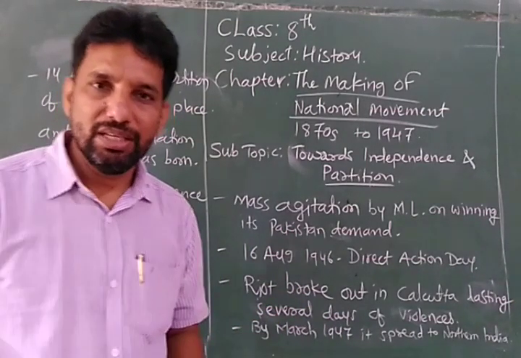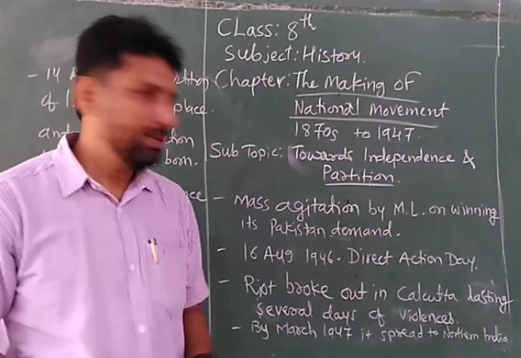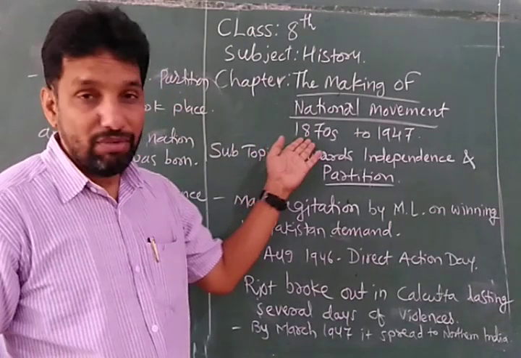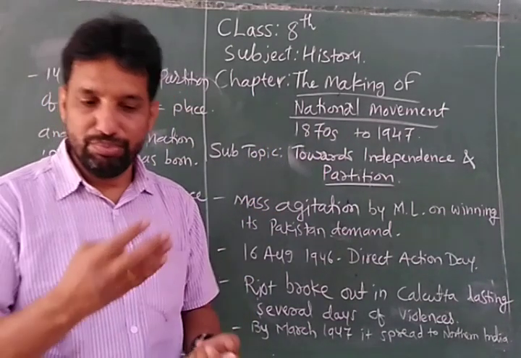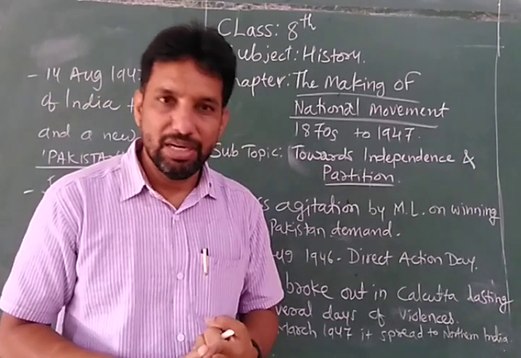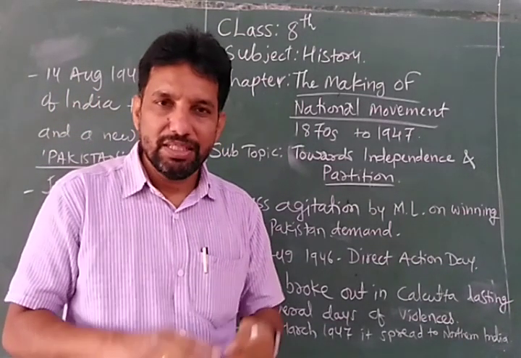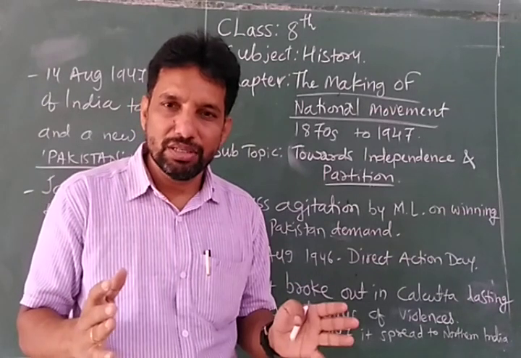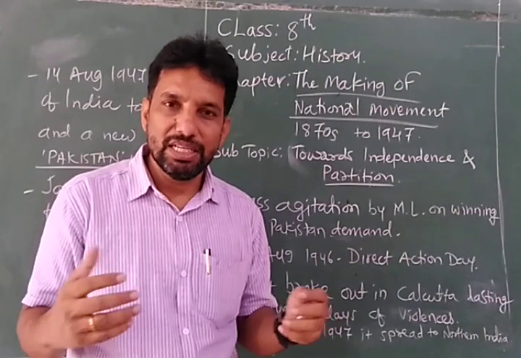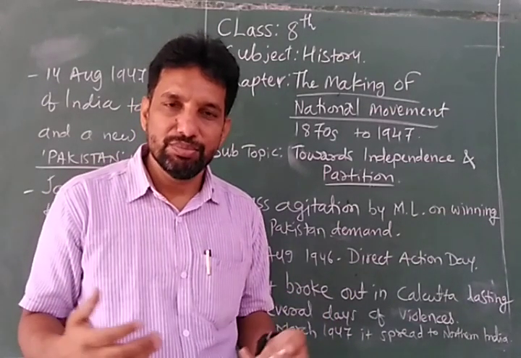Dear children, we conclude here the chapter. Since we saw from the 1870s how the Poona Sarvajanik Sabha, Mahajan Sabha, Madras Mahajan Sabha, Bombay Presidency, all these worked for creating awareness in the hearts of the people.